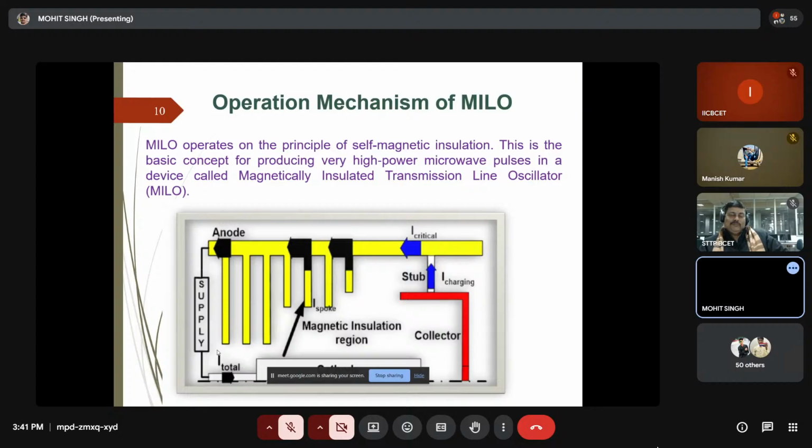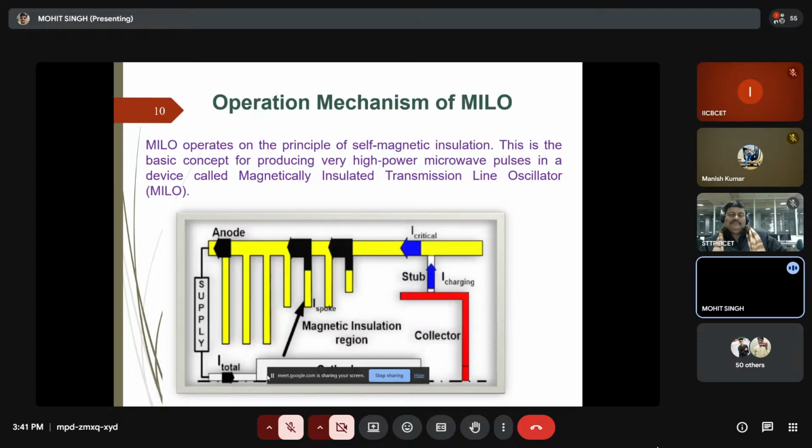I hope it is clear how these electrons are emitted from the cathode. By applying a high voltage between cathode and anode, the high potential difference leads to a high electric field, and that high electric field creates a plasma layer on the surface of the cathode through explosive emission.